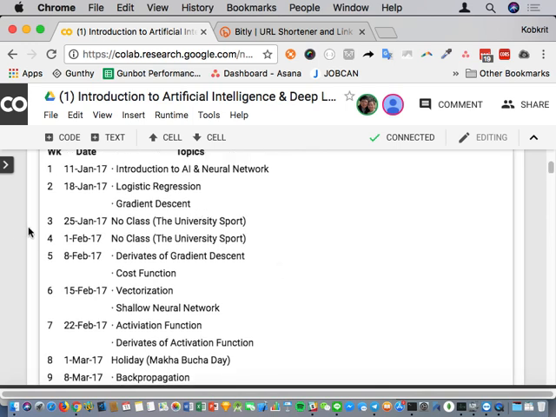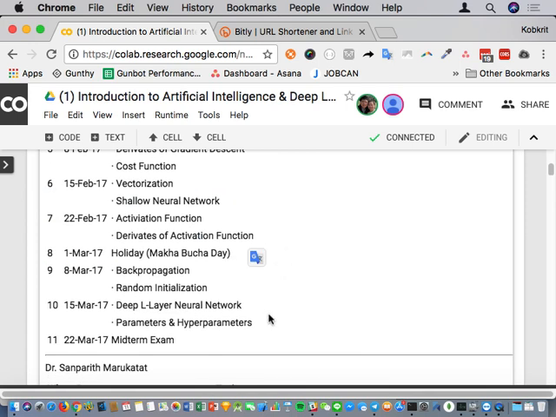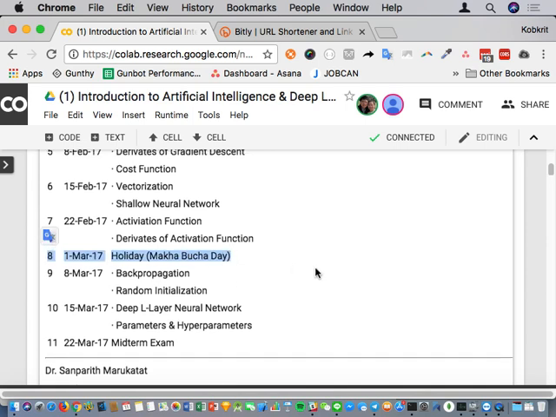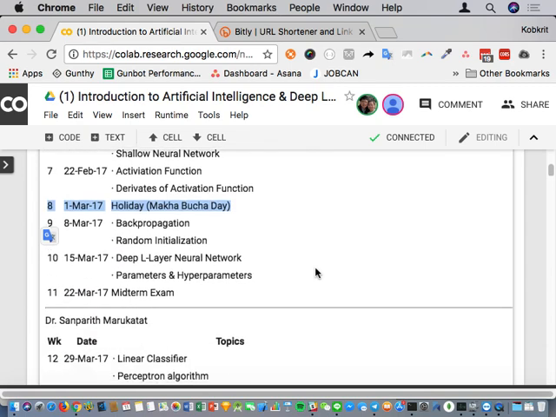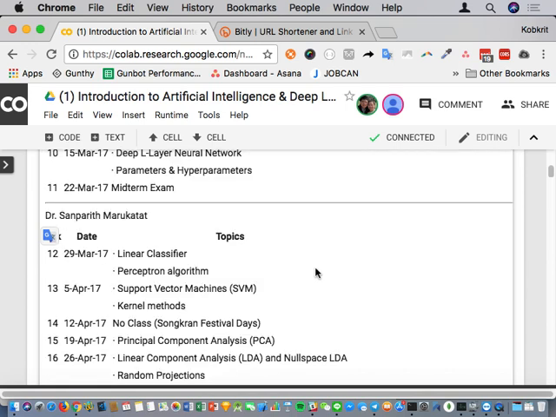In the third and fourth weeks we will have the university sport day, so there will be a holiday. So we will have about 7 weeks to learn about basic artificial intelligence and deep learning, and after that, Dr. Saphalit will take care of the topics that are quite hard.